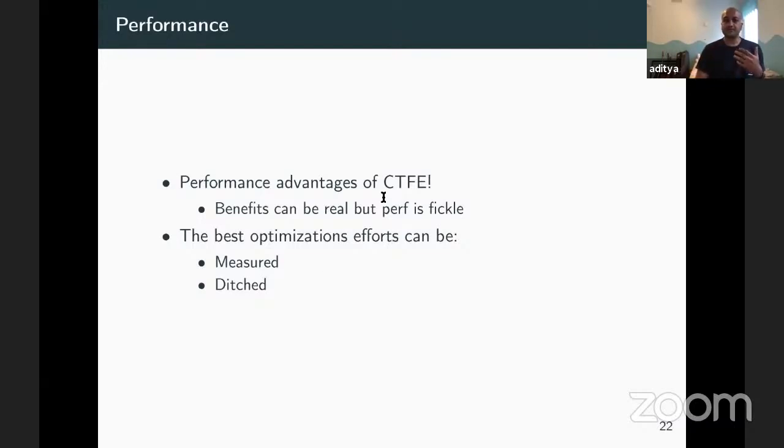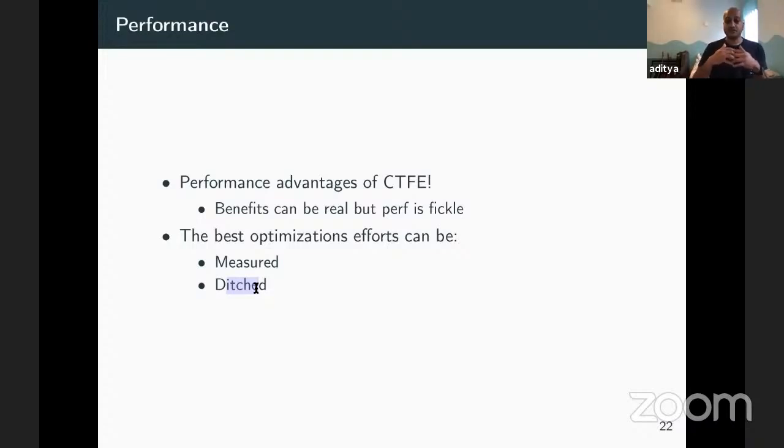But the benefits, I think, of compile time function evaluation, especially in the context of Nim and D, where you have the same language at the compile time level and at the runtime level, is that these efforts can be measured and they can be ditched. You can walk away from something that didn't quite work out very easily. In a lot of functional programming languages, if you move something to compile time, it's a lot of effort.